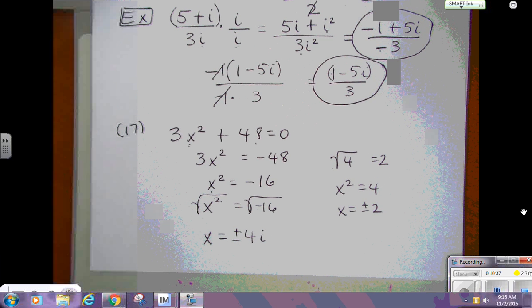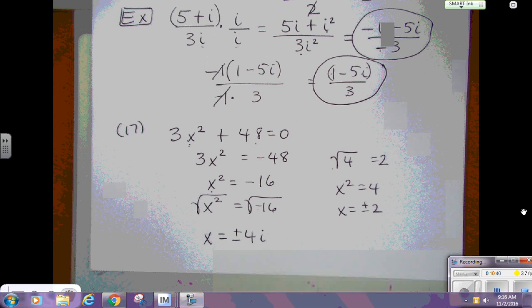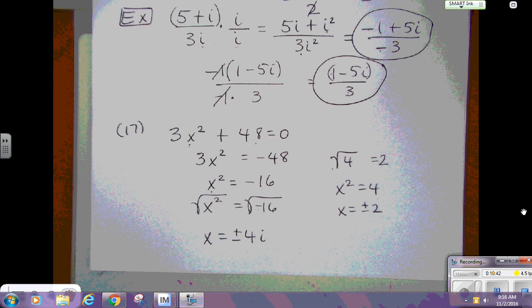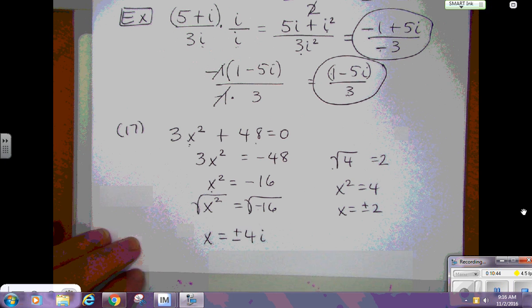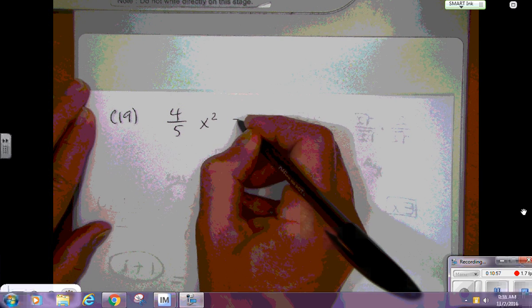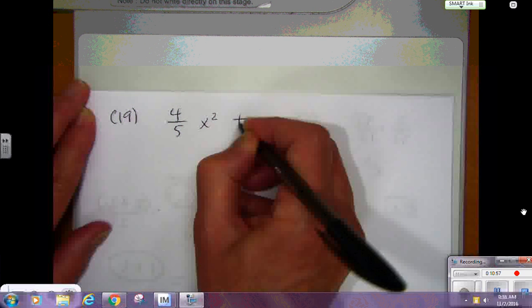All right, let's try another one. Let's look at 19. Is everybody finished with this one up here? Okay. Number 19, 4 over 5 x squared plus 1 equals 0.